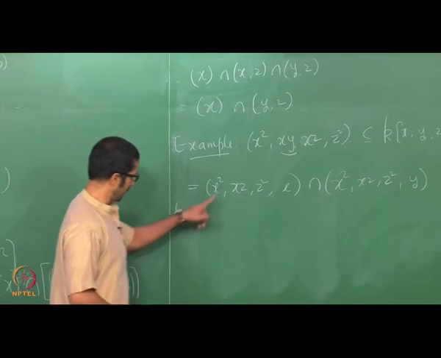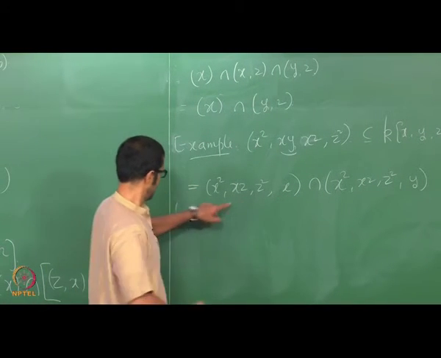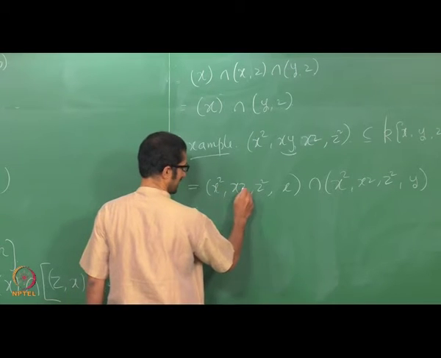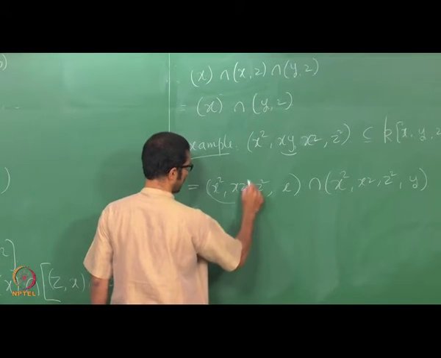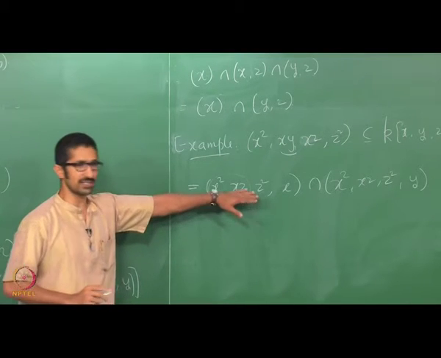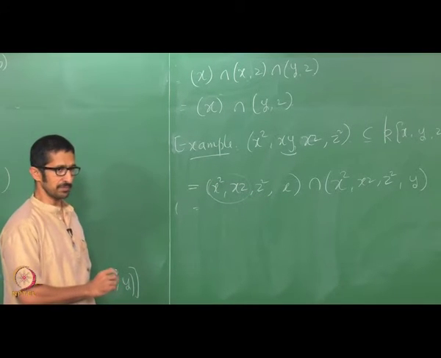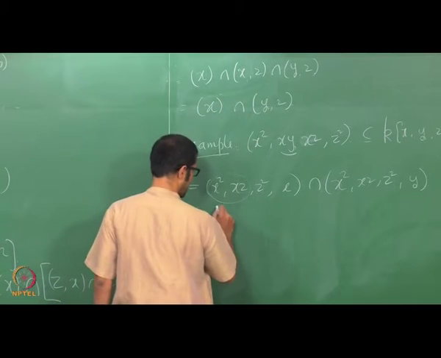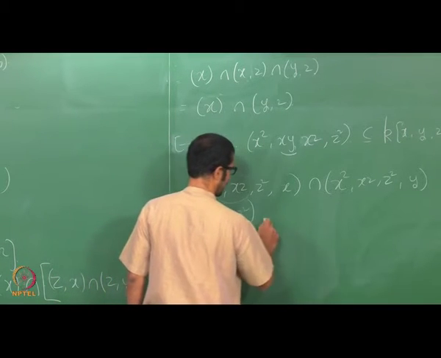Now what is this ideal? These both are contained in the ideal generated by x. So these two elements are not required at all in the generating set. So this is equal to (x, z square) intersection the other ideal.